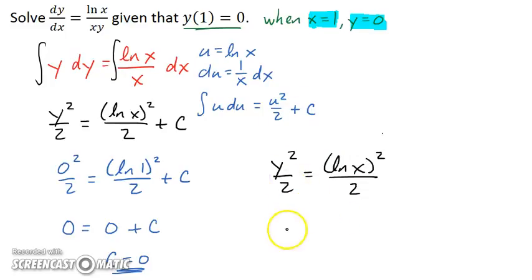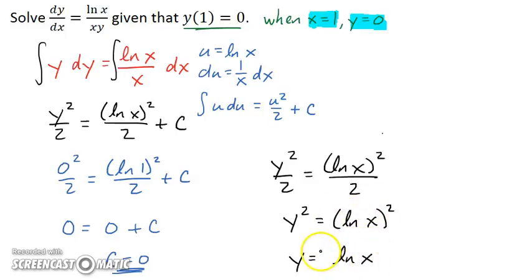If I multiply both sides by 2, y squared would equal ln of x squared. And if I solve for y by taking the square root of both sides, the square root of something squared is ln of x. And this is going to seem picky, I still need plus or minus there, because the negative sign would work out just as well.